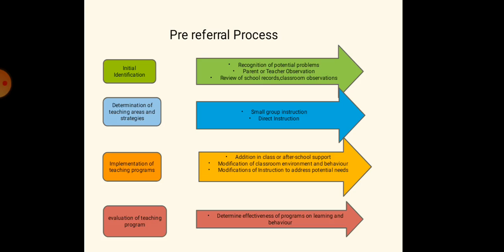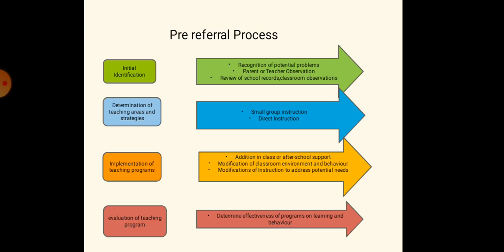At this stage, the plan is implemented and the student's progress is monitored. It is where addition in class or after school support, modification of classroom environment and behavior, and modification of instruction to address potential needs take place.